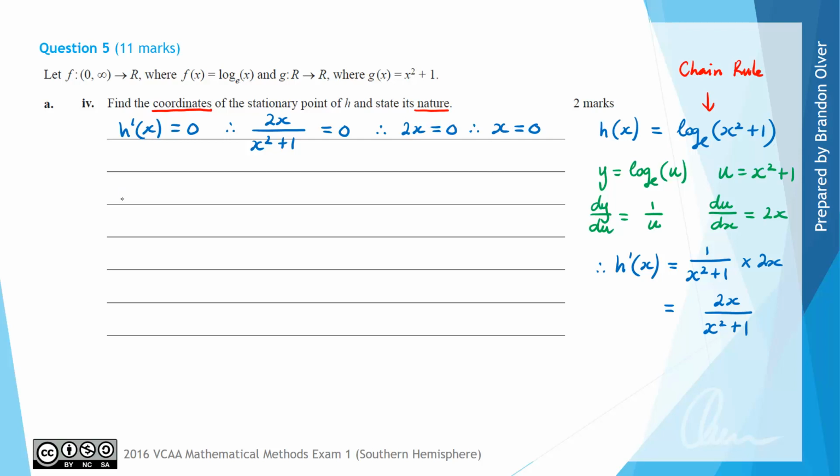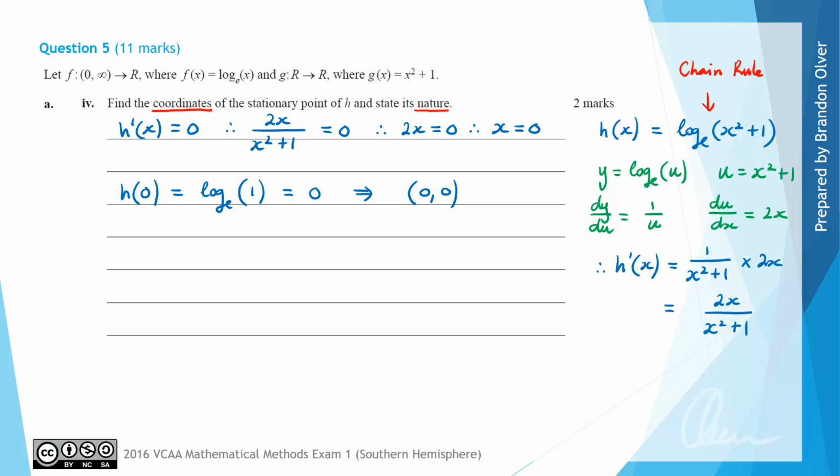Next we can work out the y value by evaluating h of 0, which equals log e of (0 squared plus 1). 0 squared is simply 0, so we get just 1 inside the log expression, and log e of 1 is 0, so the coordinates are (0, 0).